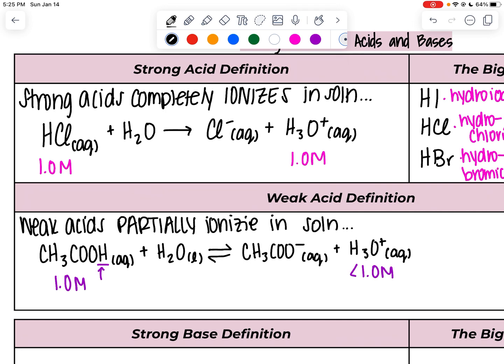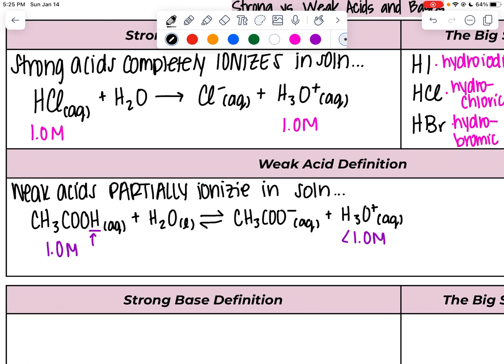So if you have a very, very high concentration though, let's say you have a super, super high concentration, not like 1 molar, we're talking like 12 molar. Let's say you had a 12 molar solution of a weak acid. If that thing is so highly concentrated, a lot of times effectively you can say that that weak acid will mostly ionize.